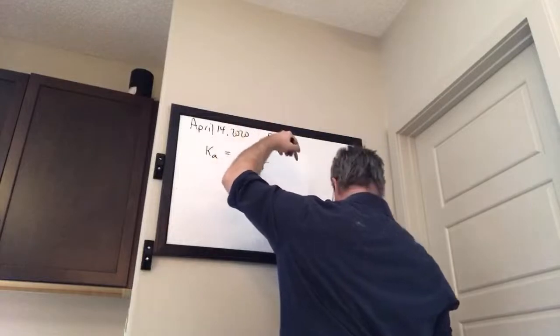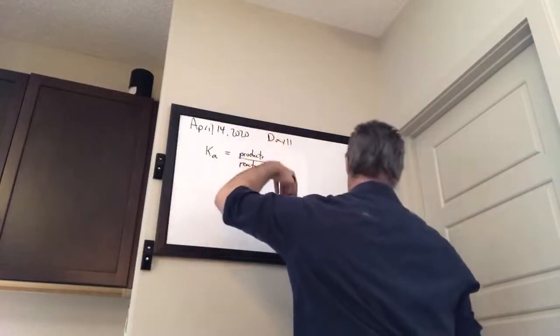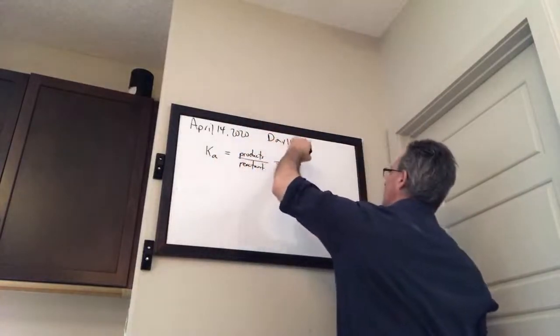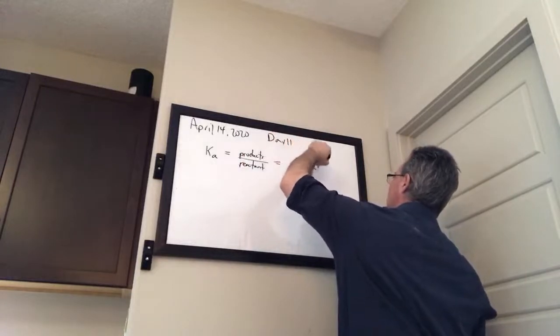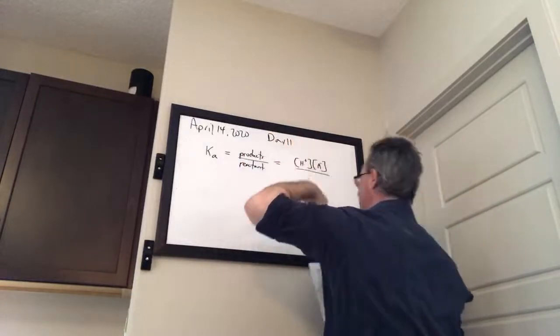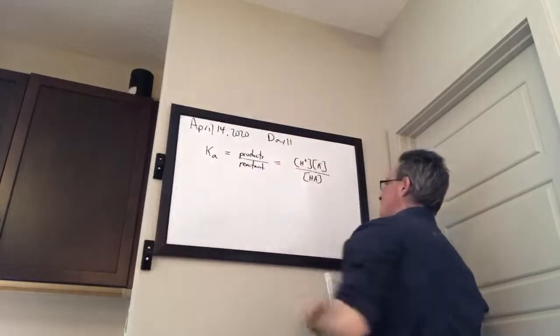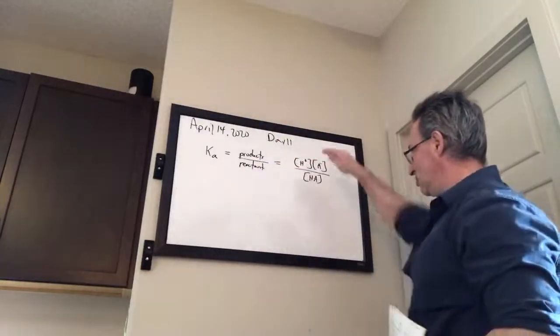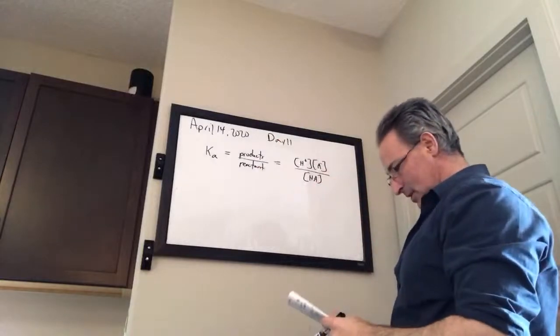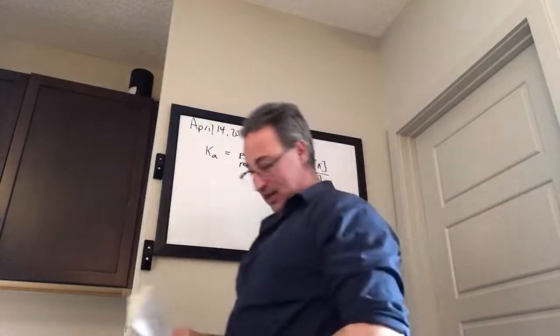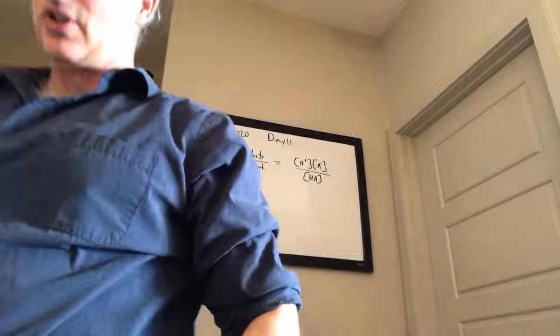There might be more than one. So in the case of a weak acid, you're going to get a proton dissociating its anion, and then the undissociated acid is the reactant. So products over reactants.